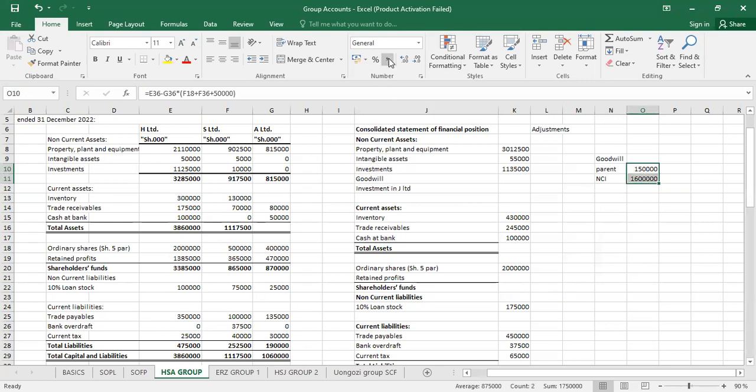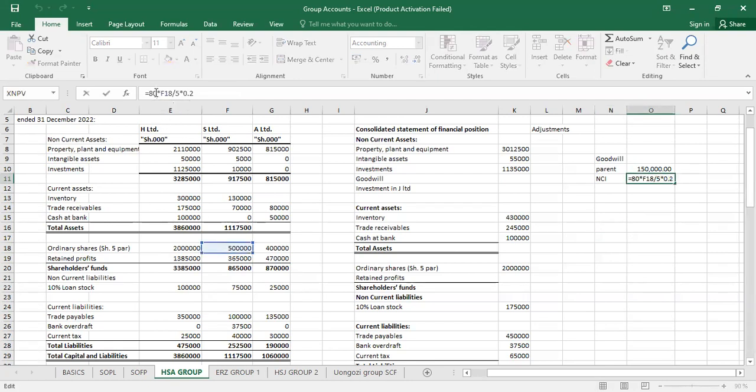Let me do commas here. The goodwill of NCI cannot exceed that of the parent, because the parent has 80% and NCI has 20%. So the 20% cannot be a higher value than this one. So this one will change in the question to 8.